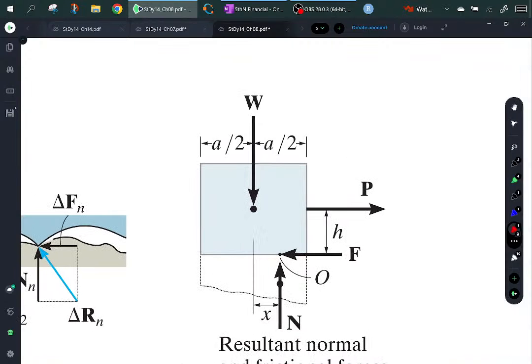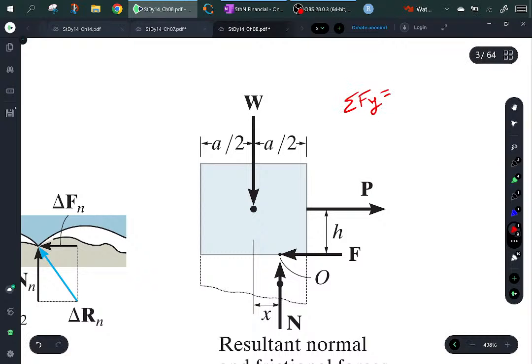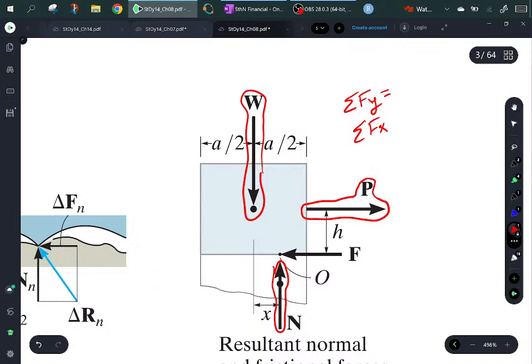So if you think about this, the sum of the forces in the y basically will tell you that this weight is equal to this normal force. And then the sum of the forces in the x will tell you that this one is going to be kind of offsetting that one.